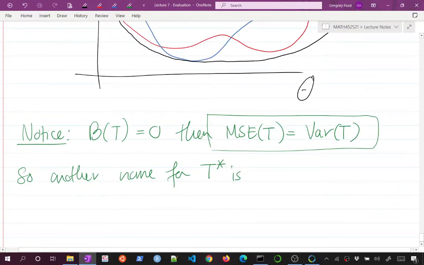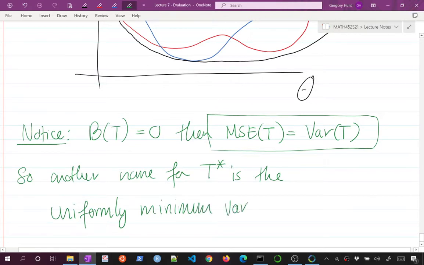So another name for T star is the uniformly minimum variance unbiased estimator. Uniformly meaning over all possible theta, minimum meaning smallest variance.